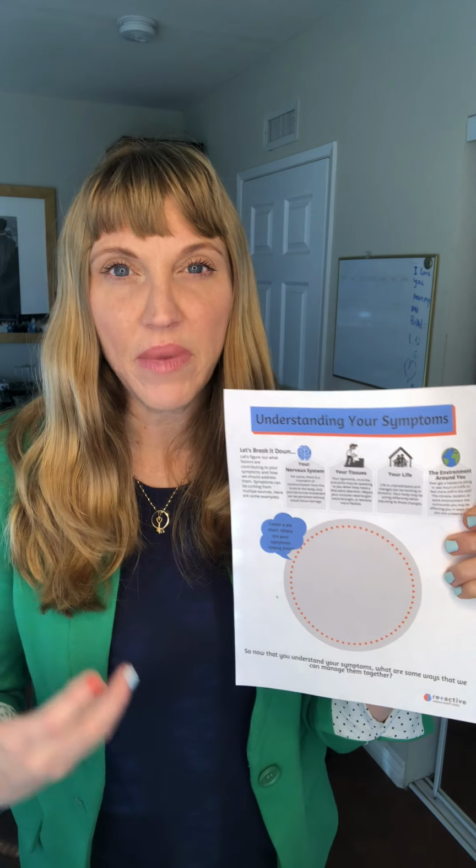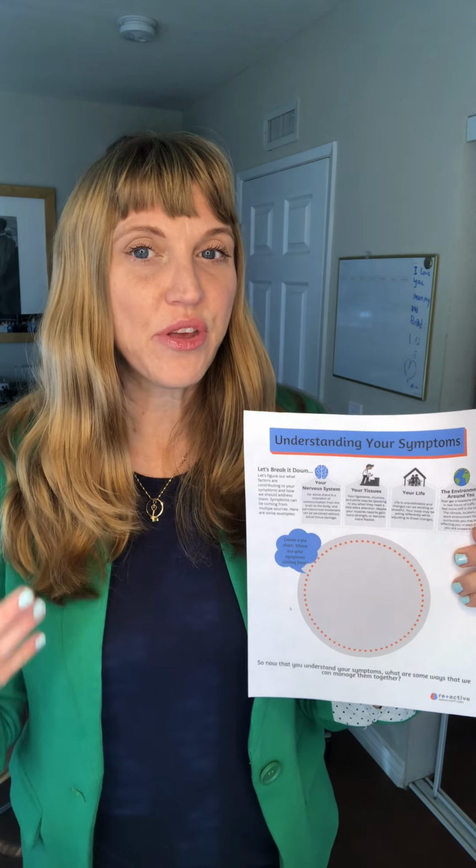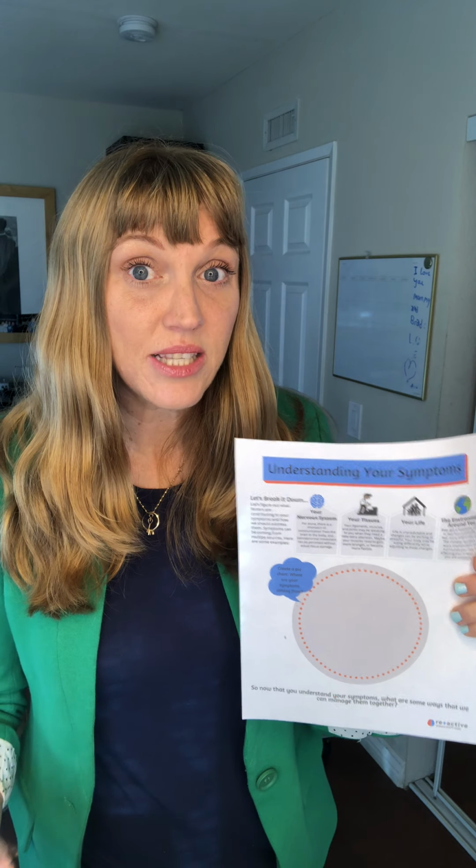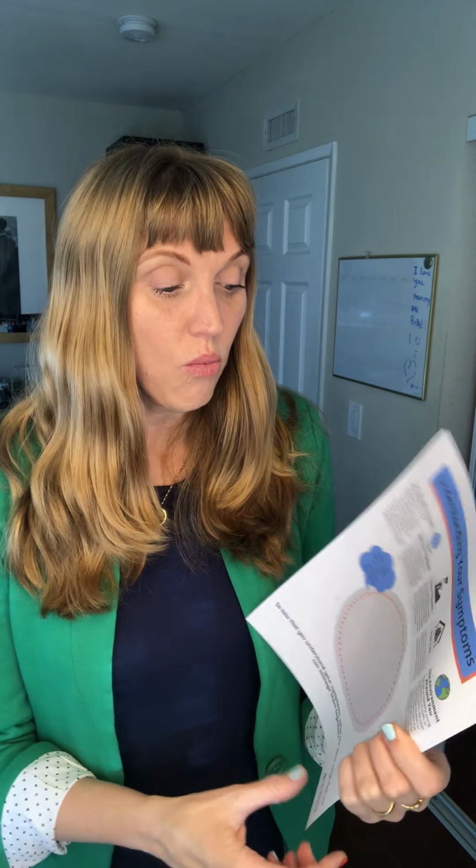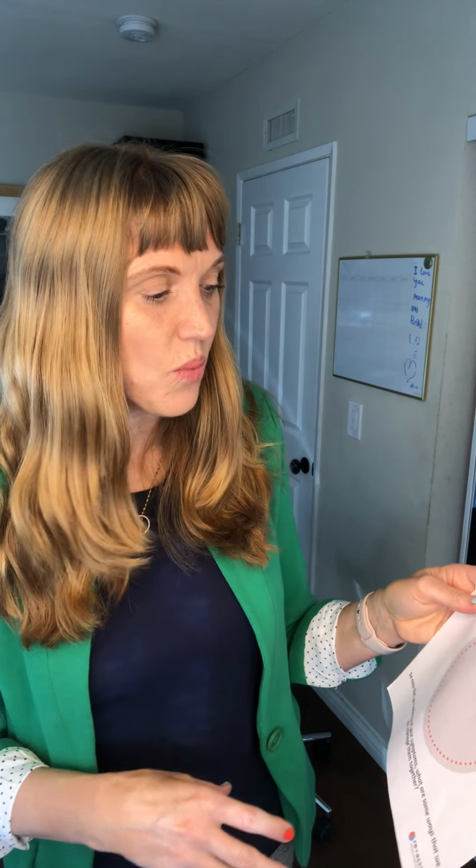So I'm going to give you an example here so that you can put this into action. If I have a person, and this is happening a lot right now, where they're really recognizing some of the life and environment around them, maybe their sleep habits, maybe they're noticing that they're a lot more anxious and it's affecting what they're doing, but they're also having back pain and they feel like there's something wrong with their back as well. So they'll create their pie chart.